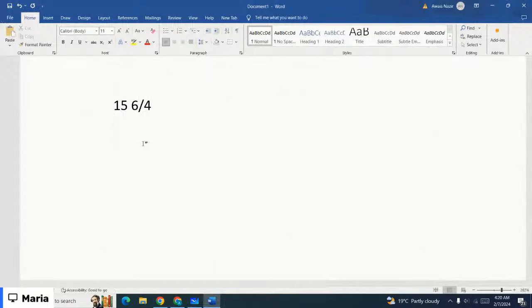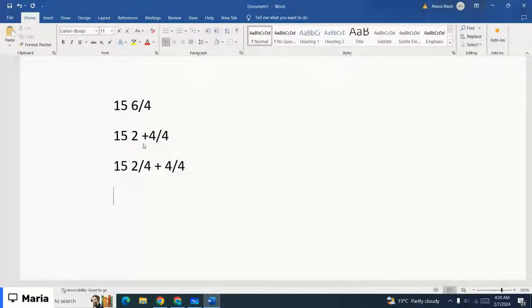So you can break down the 6 as 2 plus 4, right? 2 plus 4 divided by 4. Now you can write it as 15 plus 2 over 4 and plus 4 over 4.